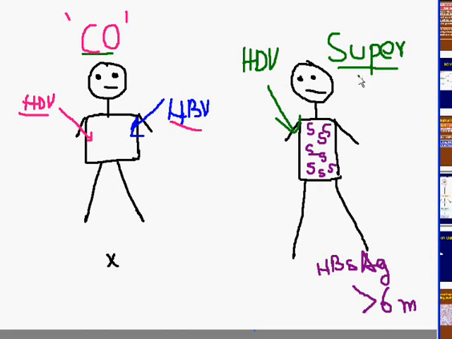Now the patient is having another infection through the blood transfusion. He gets the infection, and as a result you are getting jaundice and hepatic failure. So which agent is responsible for this hepatic failure? Hepatitis D virus.